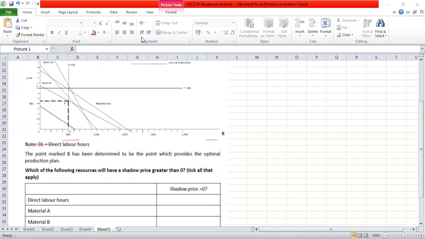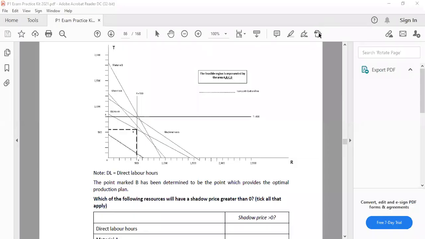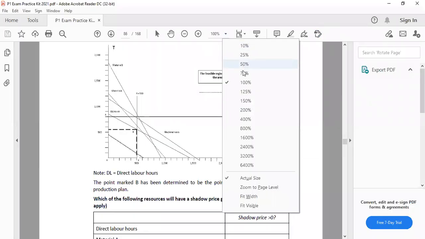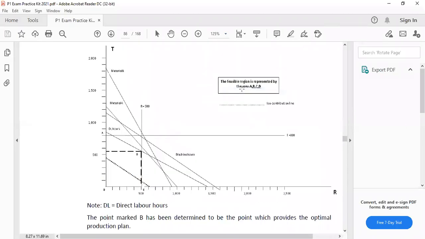I'll take you to it again. This is not at all clear. So B is the maximum production at this point.